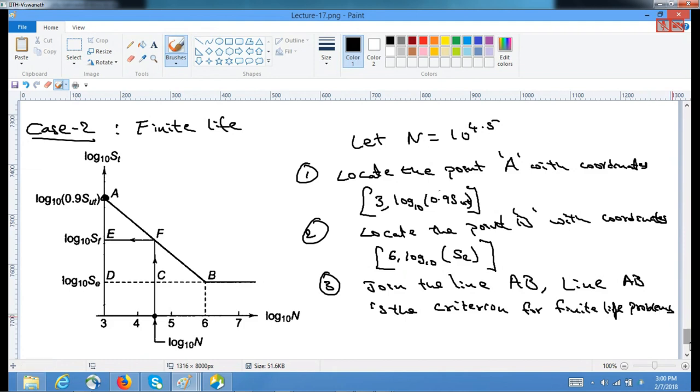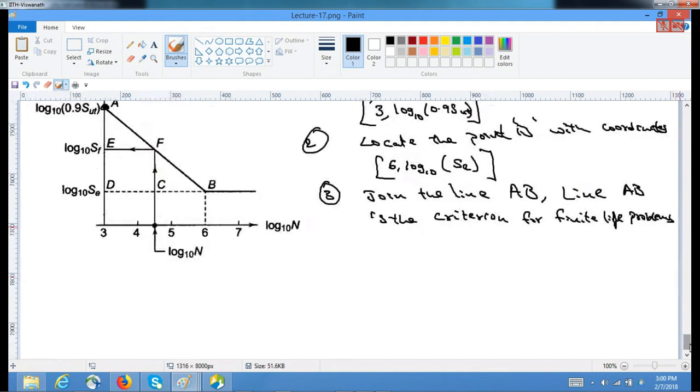Now, in order to get our actual strength, what we'll do is, so we have located A, B, drawn a line like this, and depending upon life desired, let's say in our case n is equal to 10 to the power 4.5.